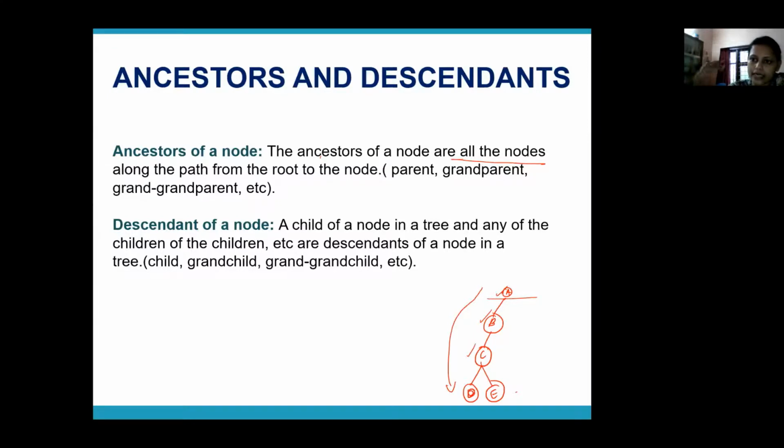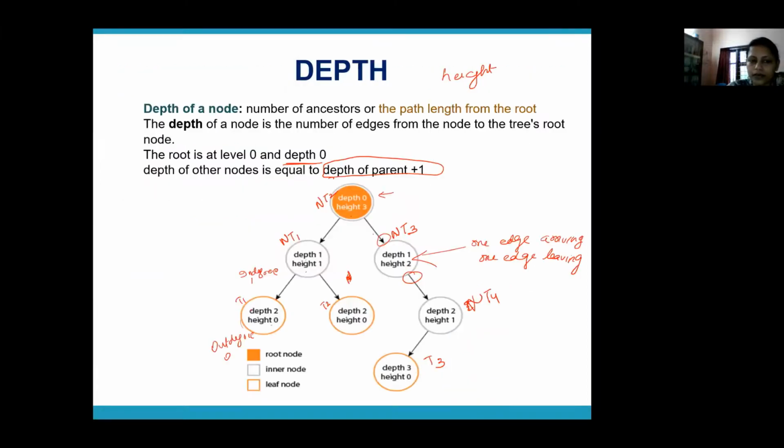It means child, grandchild, great-grandchild. All those are called descendants. Depth, it's just the number of ancestors or the path length from the root. Remember the difference between depth and height. Root node will always have a depth of 0 and leaf nodes will always have a height of 0, right?